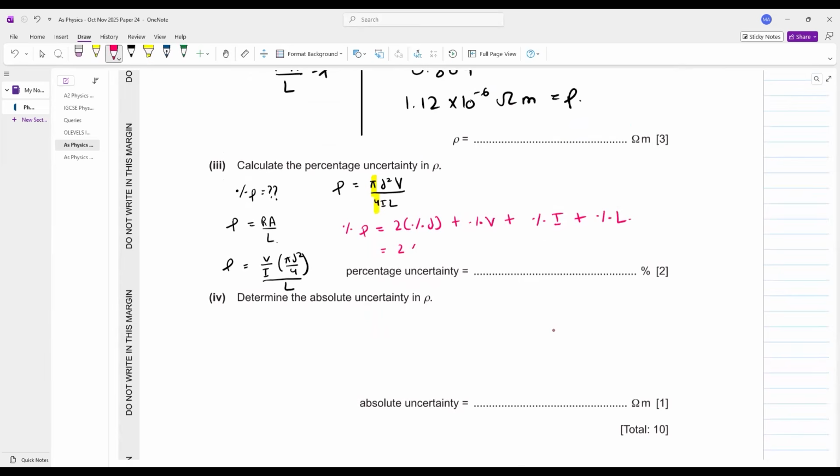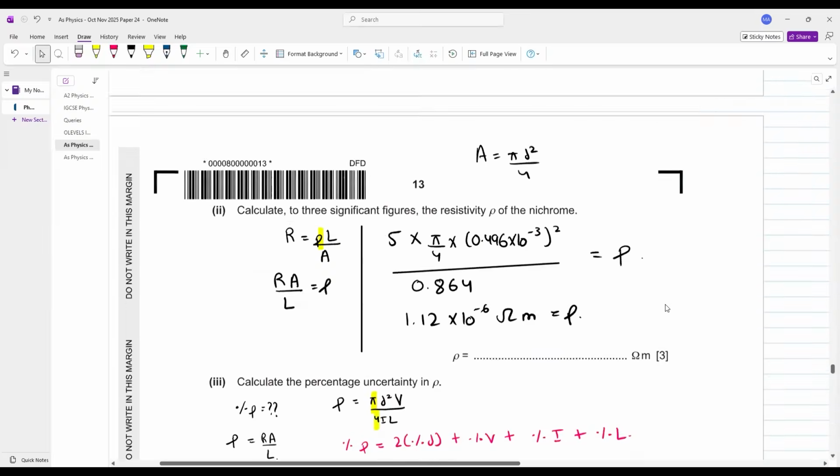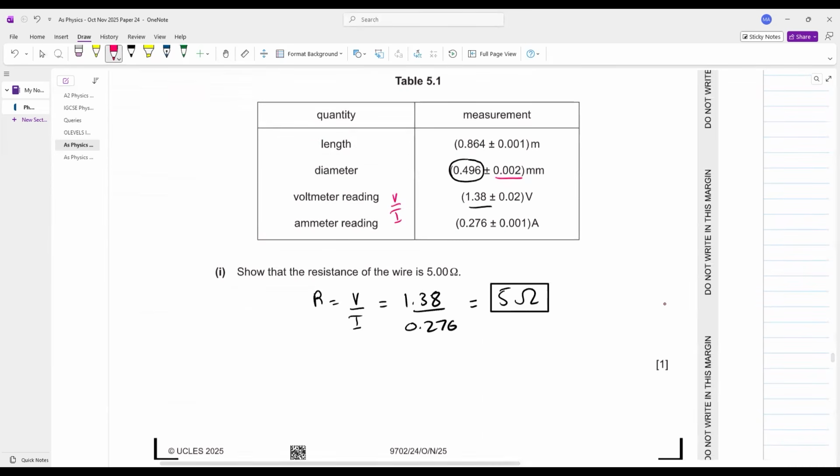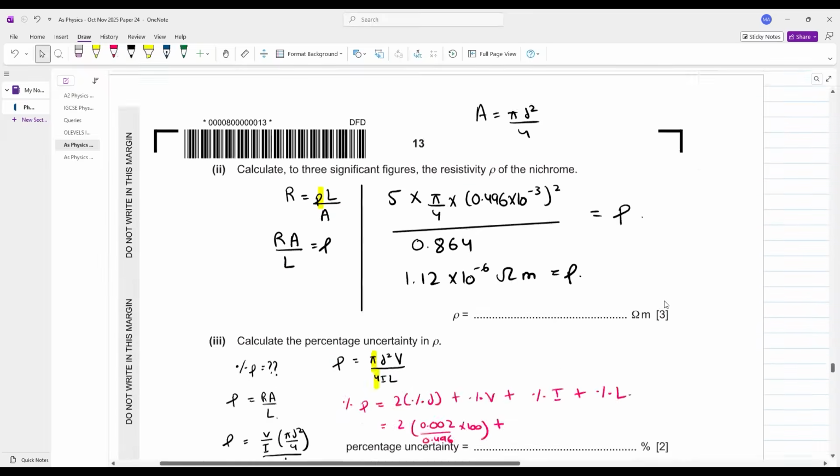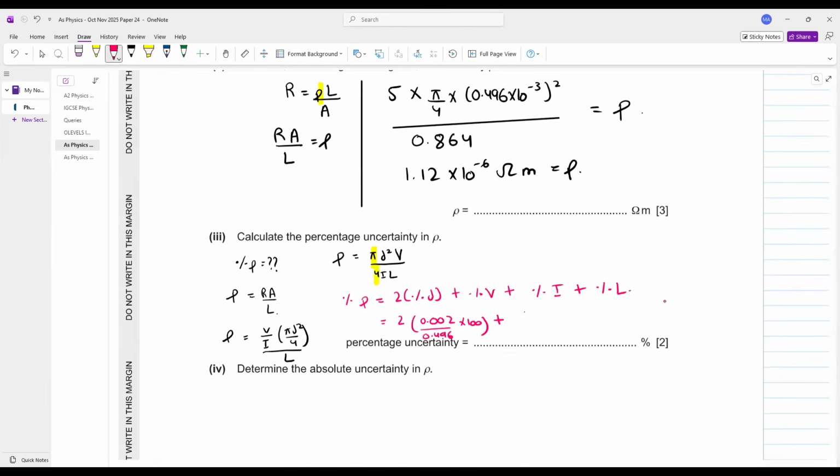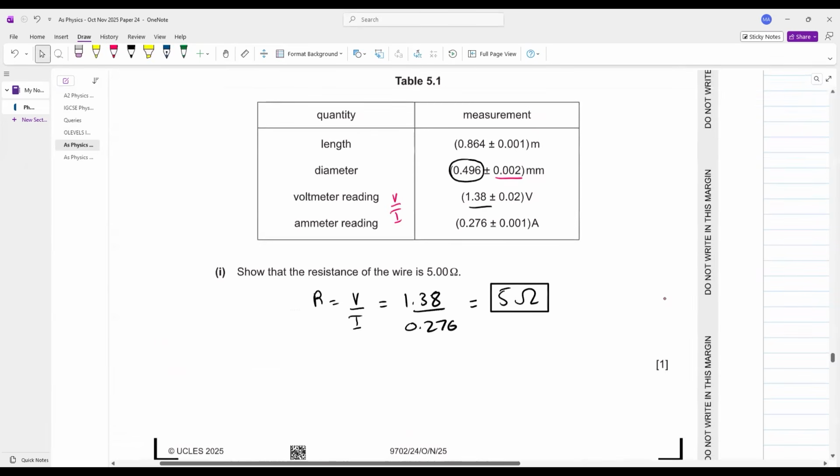So write it here, 0.002 divided by 0.496 multiplied by 100 plus. How will you calculate voltage की percentage uncertainty? 0.02 divided by 1.38. Simple, 0.02 divided by 1.38 multiplied by 100.